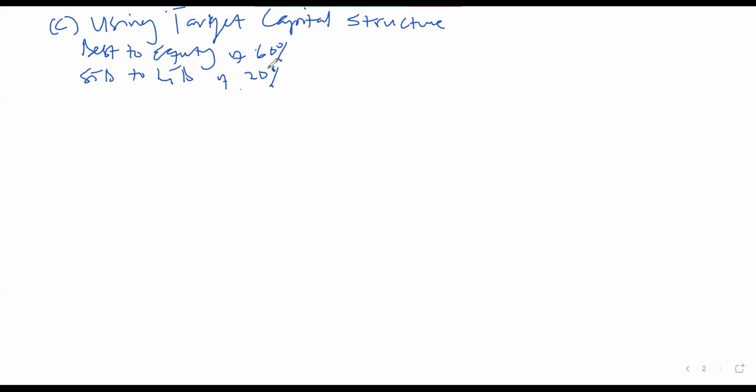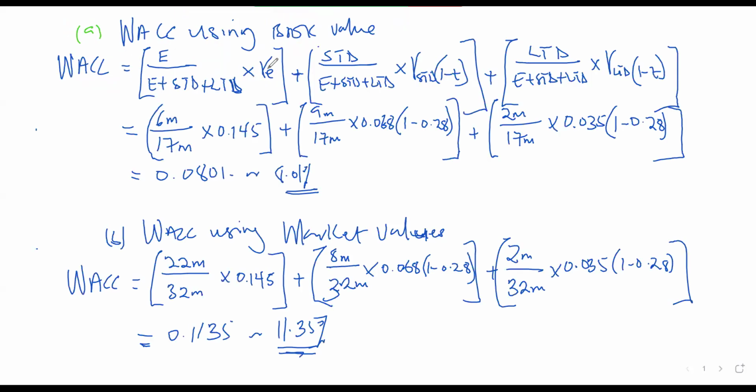You and I know that WACC is computed as the weight of the source of capital times cost of capital. And the weight is the value of the source of capital divided by the value plus other sources of capital all combined. That gives you the weight.